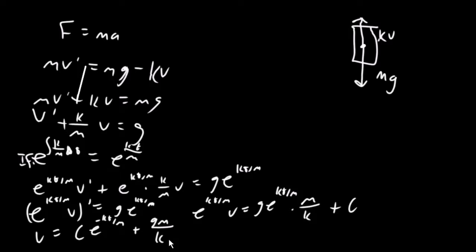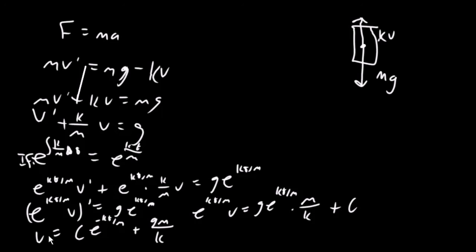And so if we apply our boundary value conditions, we should find that since our falling object, we defined it to start at velocity 0. And we've also defined that at time infinity, we should reach terminal velocity. That's why parachutes work. They reach terminal velocity.